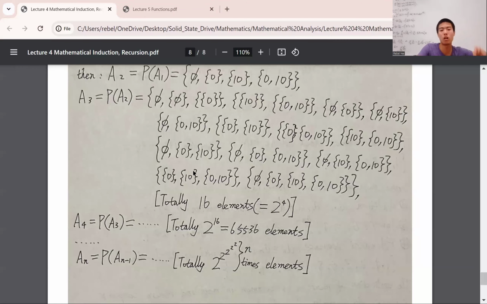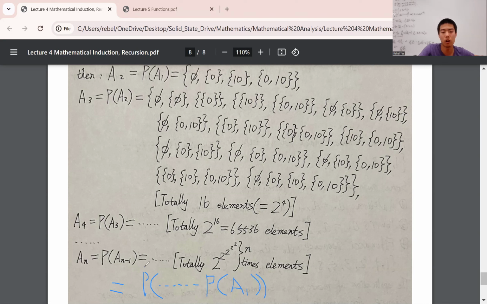And based on this trend, we can find something very surprising about power set recursion, which is A_n is equal to the power set of A_{n-1}, which is equal to, probably we can write, P dot dot dot P of A1.